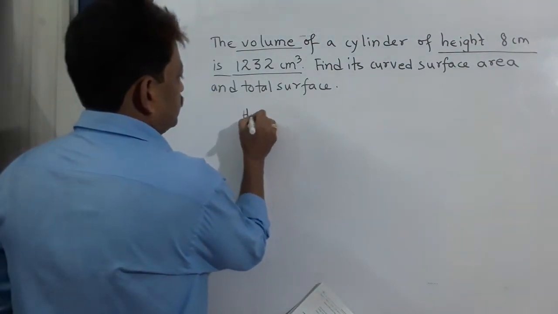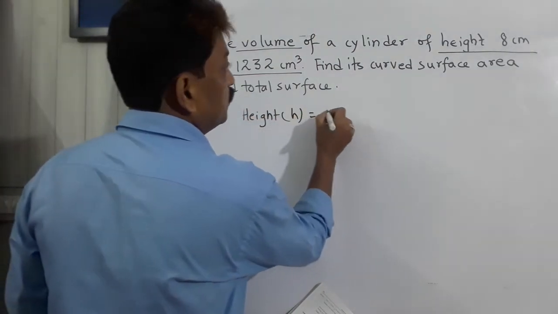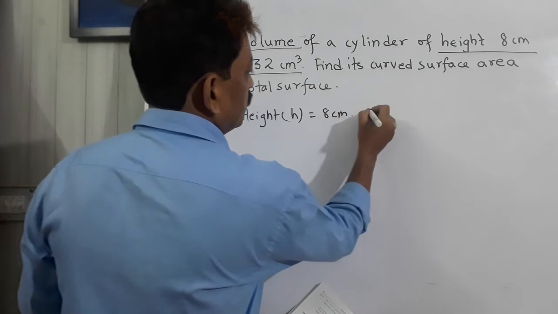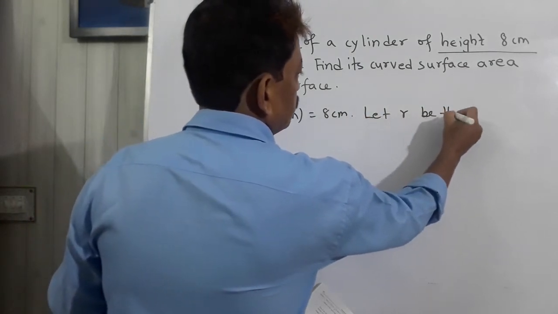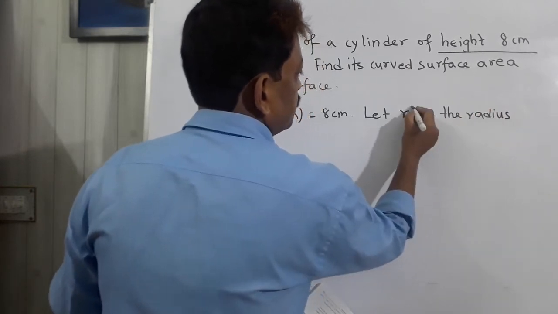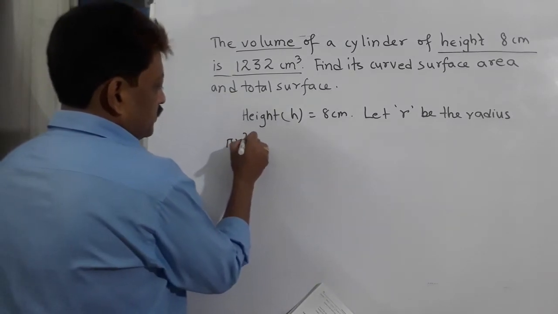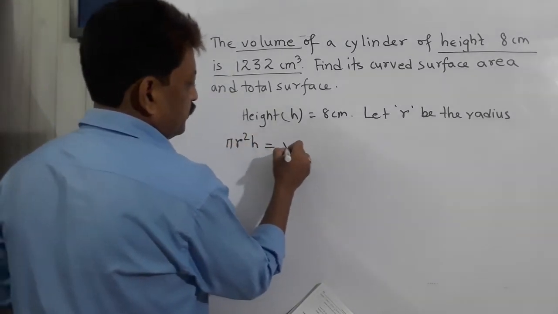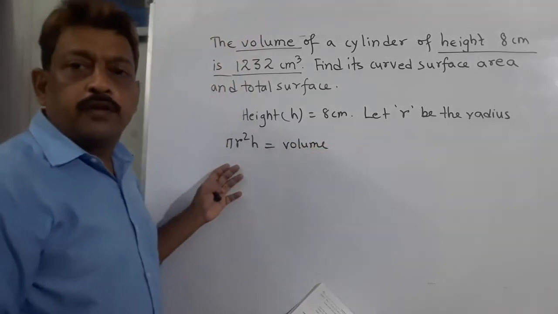So height h equals to 8 centimeter. Let r be the radius. So pi r square h equals to volume. This is the formula to find the volume of a cylinder.